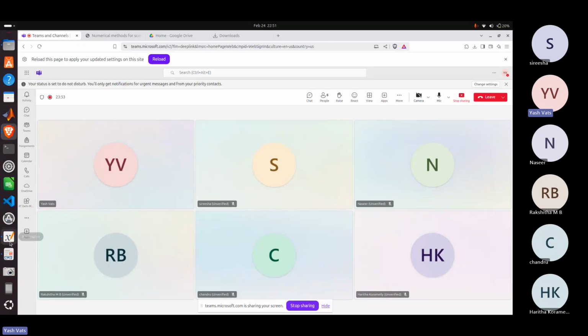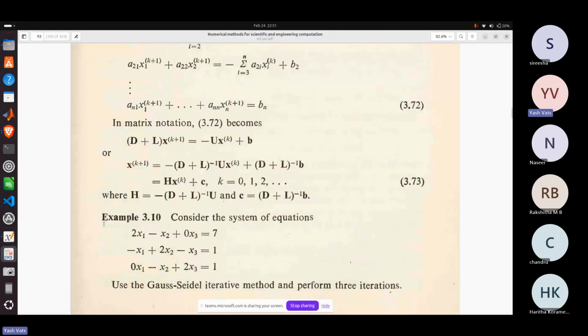Just try this one and try to find out the values of x1. So just consider this system of equations and then try to find out what is your first iteration value.